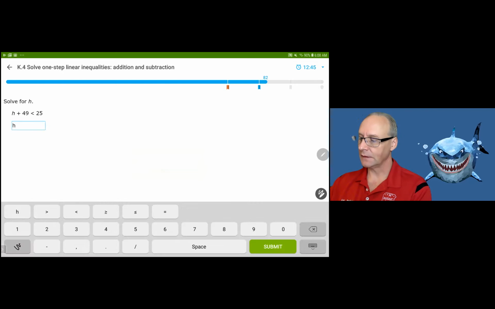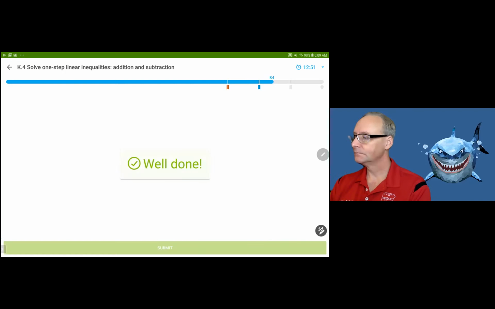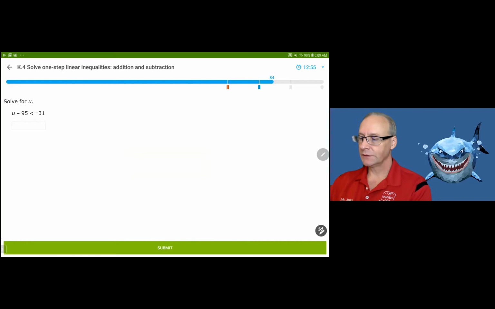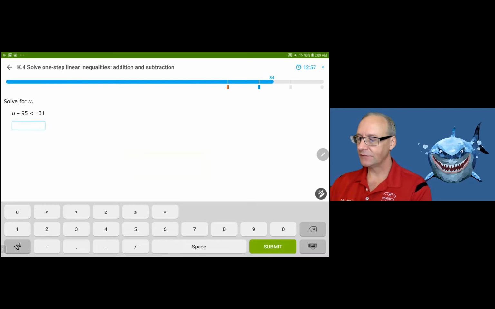So h is less than negative 24. Yep. And in this one, we're going to add 95 to both sides, and we get u is less than, looks like 64, huh? And that is probably okay. Yep.